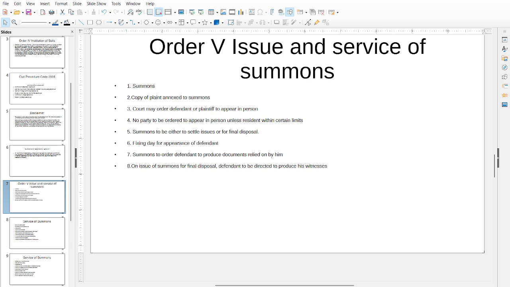Then the court shall refuse the defendant permission to file the written statement, because it has been 120 days and more, and if he still does not file, it shows a gross injustice done to the plaintiff. That is why the court shall not allow the defendant to file a written statement after 120 days, and the defendant shall forfeit the right. He no longer has the right to file the written statement after 120 days.